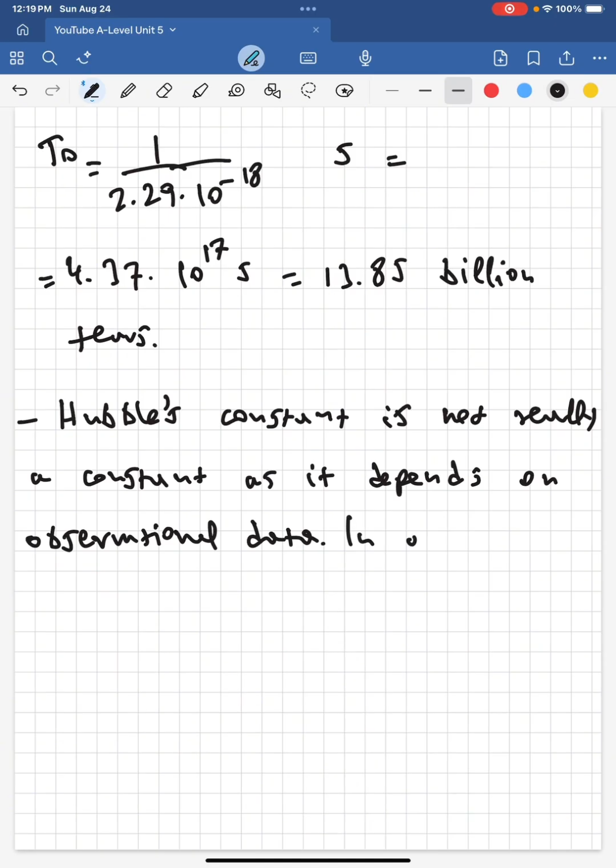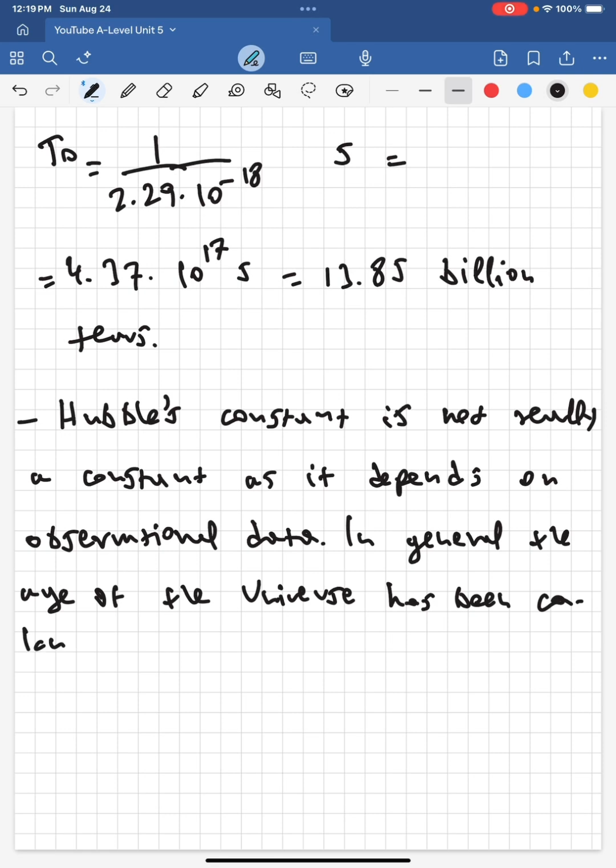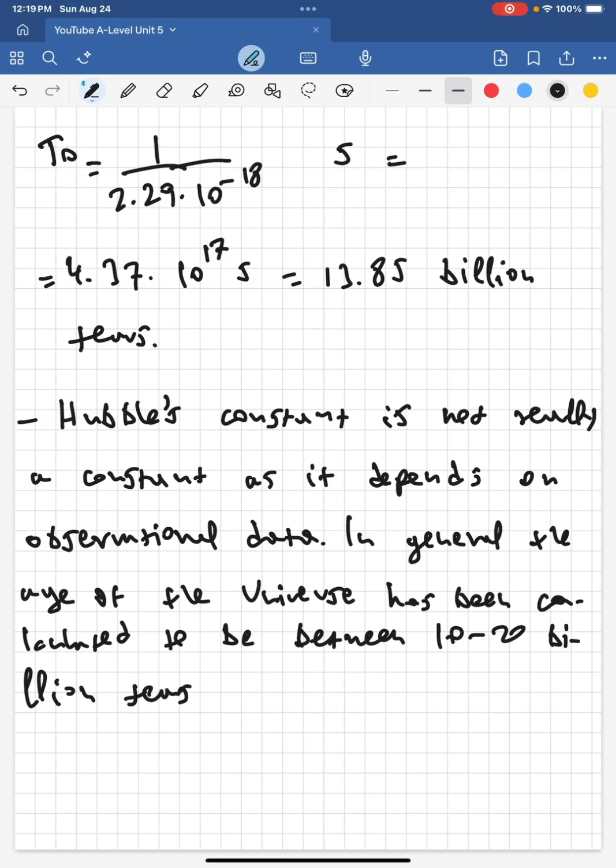In general, the age of the universe has been calculated to be between 10 to 20 billion years, depending on H naught. All right.